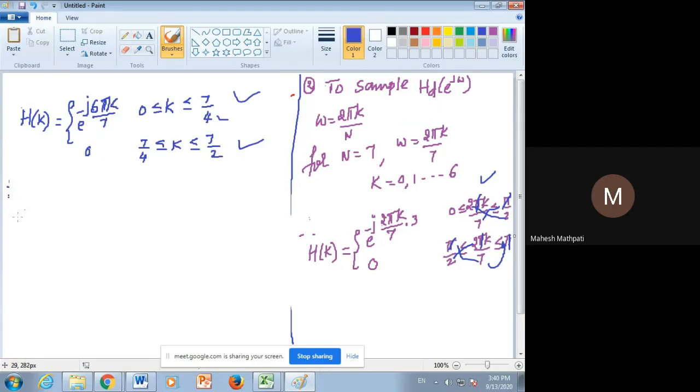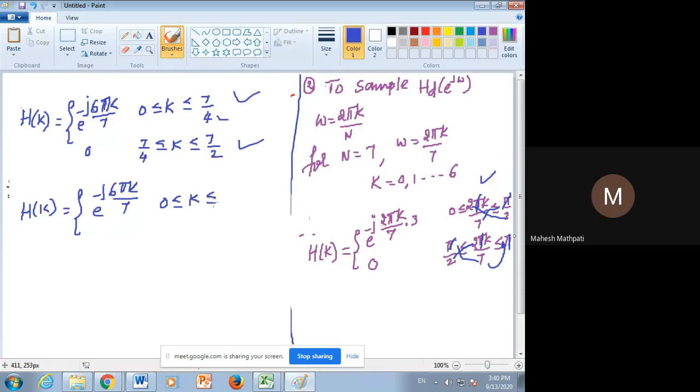That is h of k equals to, we can write it as e power minus j 6 pi k by 7 for 0 less than or equals to k less than or equals to.